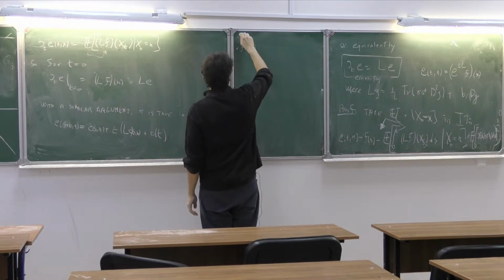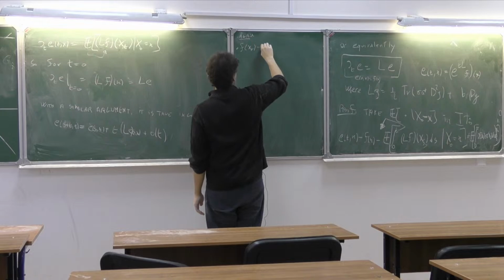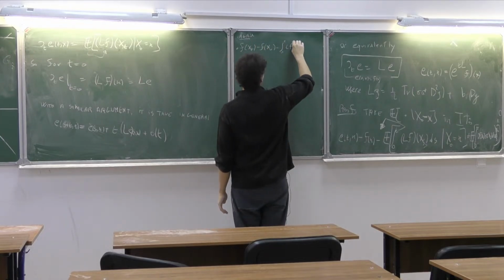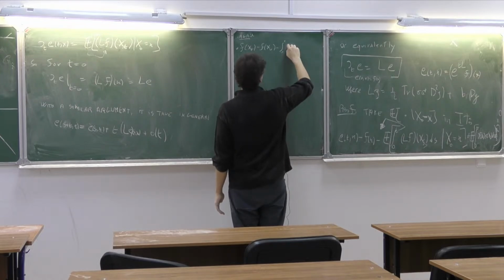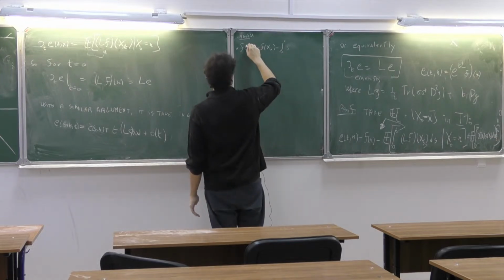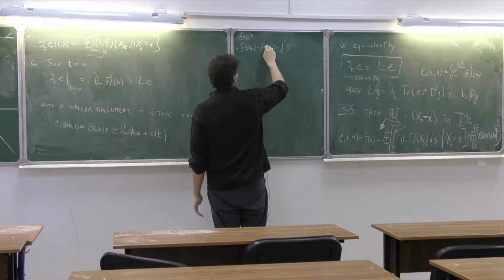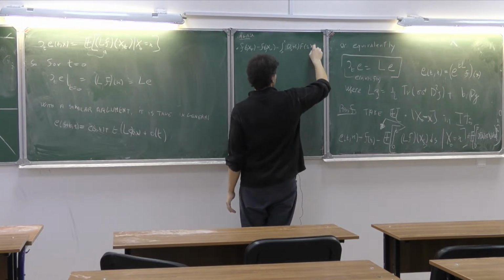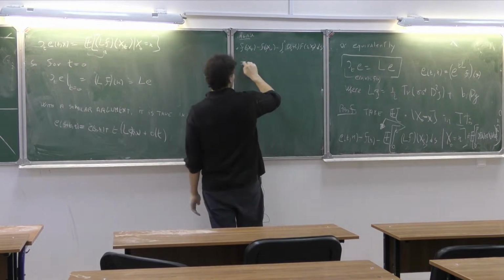But still, what you have to check is two things. F of X_t minus f of X_0 minus the integral between 0 and t of Lf. Let's do it even more in general: f of t, X_t, by the Ito formula, minus f of 0, X_0, minus the integral of (d_s f plus L f) ds. If there is success, yes, this is a martingale.